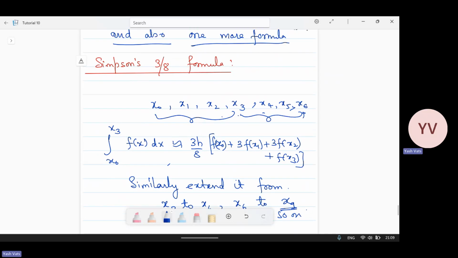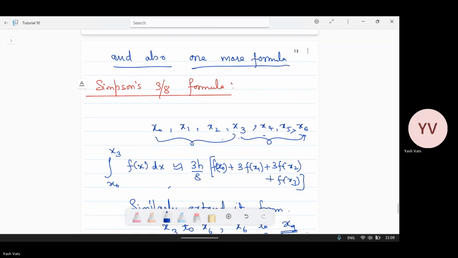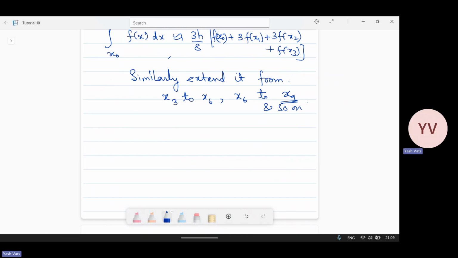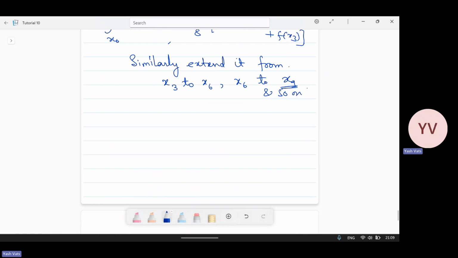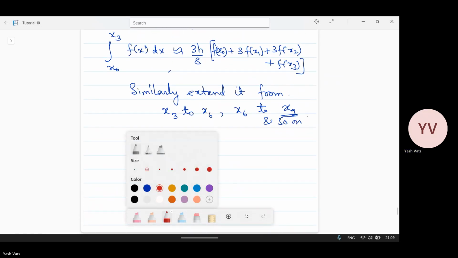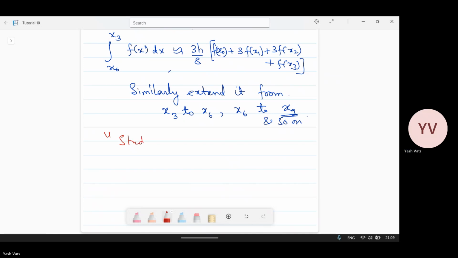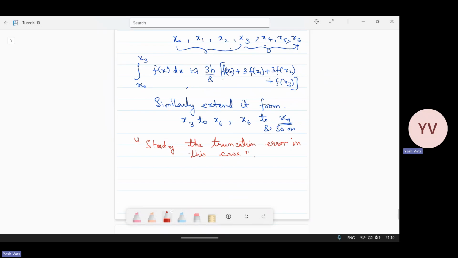It's not exactly even only, it works for odd also, I'm not sure, you can search for it. Again, study the truncation error in this case. Maybe we will discuss more questions on this in the next tutorial.